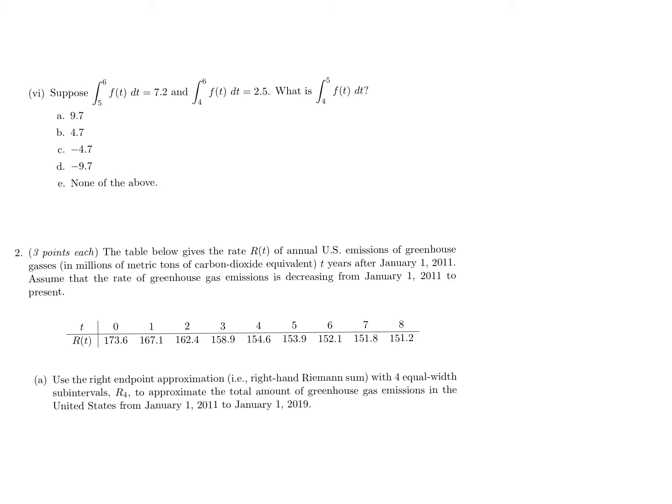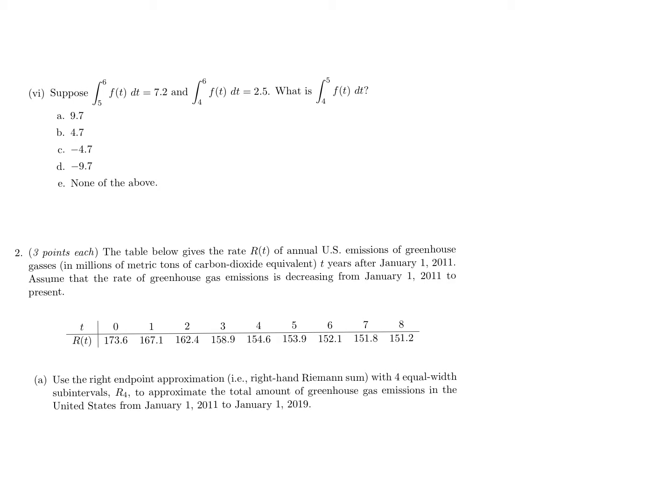So we are continuing problem 1, and this is part 6. In this problem, we're told that the integral of a function from 5 to 6 is equal to 7.2. The integral from 4 to 6 is less, it's 2.5.